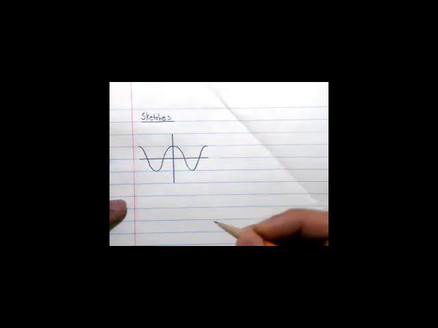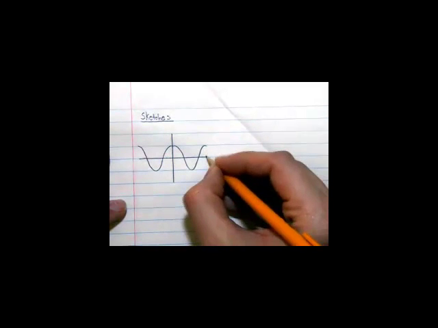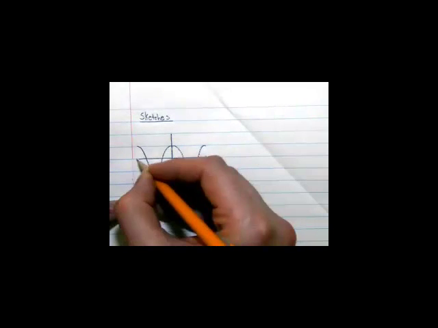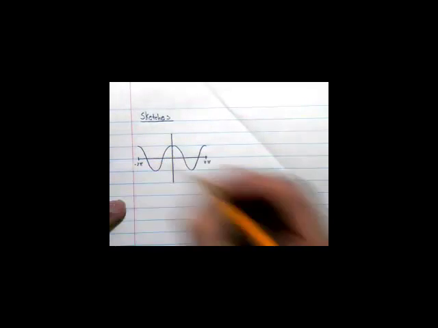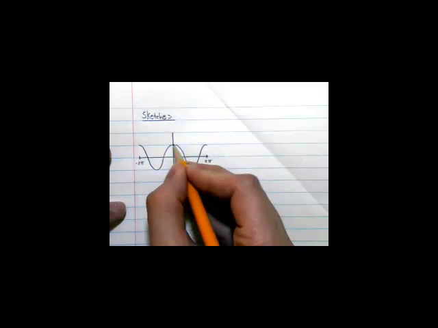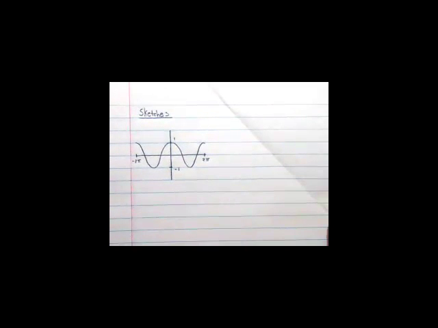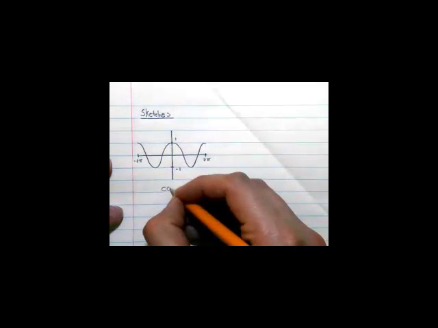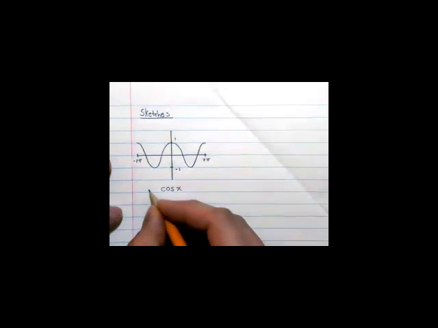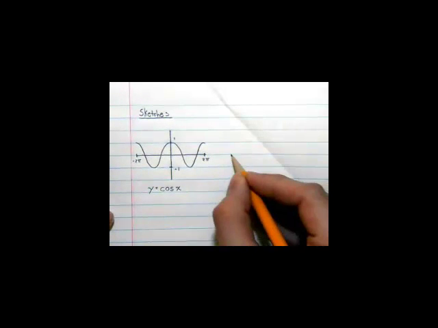So it has that kind of look to it. This is 2 pi out here, and this is negative 2 pi there. And it goes up to 1, comes down to negative 1. So this is y equals cosine x.